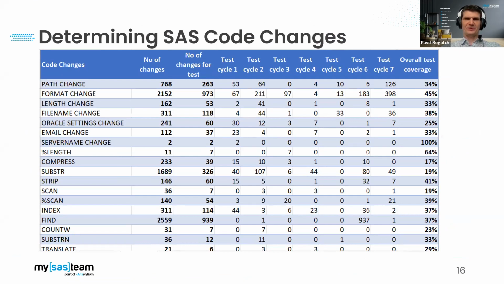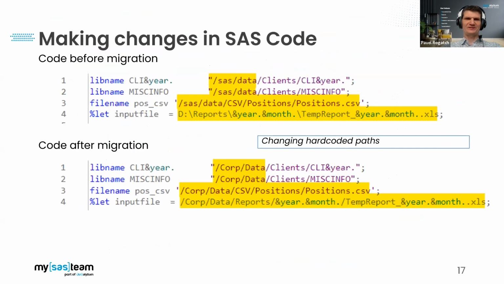And this information was later used in testing and validation and planning of testing and validation. So we got an idea of the scope of these necessary changes. And the next slide shows an example of some of these changes.